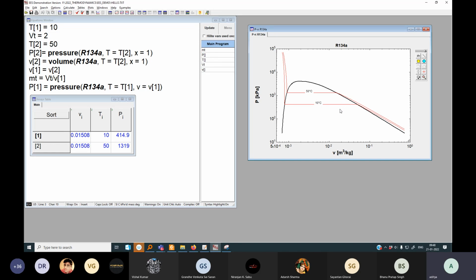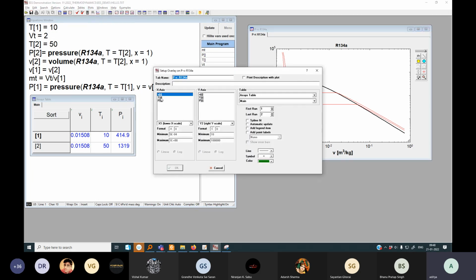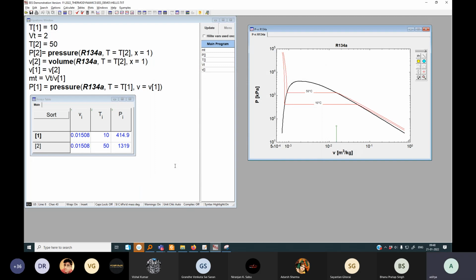Now on this plot, I need to overlay the points. So I go to plots, overlay plot. On the x-axis, I have the specific volume. On the y-axis, I will choose temperature. Oh no, it was not temperature.